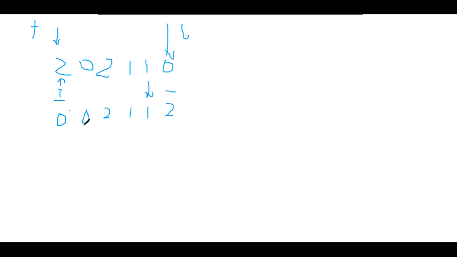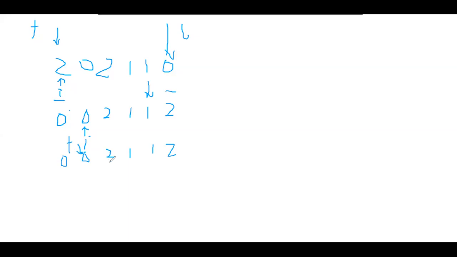This time I points to the second element here, and it points to the 0. 0 is the first color, so we swap with this one: 0, 0, 2, 1, 1, 2. And the first color points to this position.